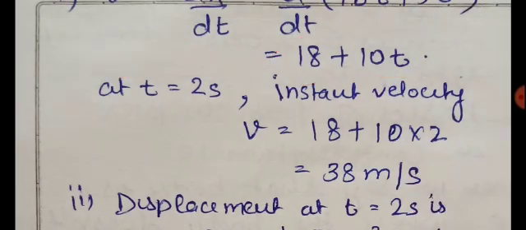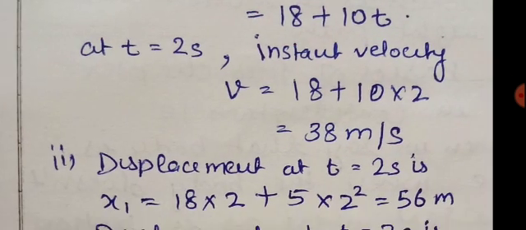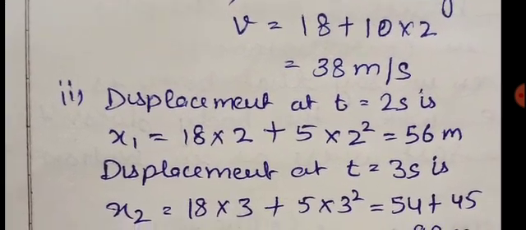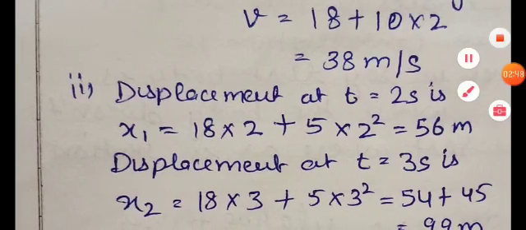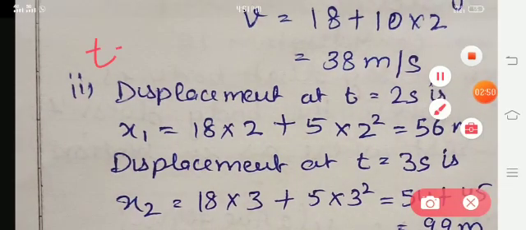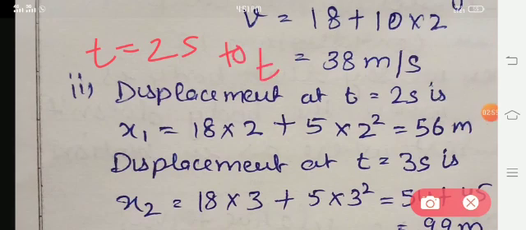Now coming to your second part, in which you have to find the average velocity between the time interval t equal to 2 seconds to t equal to 3 seconds.